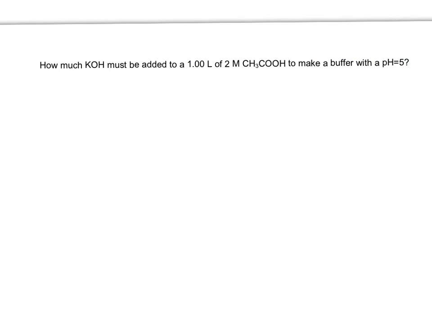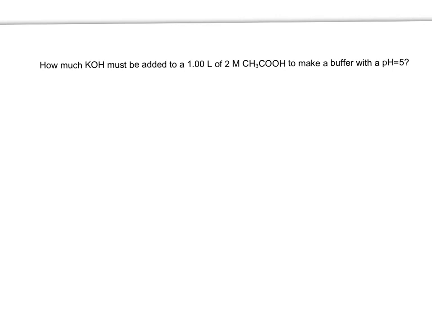Let's try another one. So this problem says, how much KOH must be added to 1 liter of 2 molar acetic acid to make a buffer with a pH of 5? Now, it's a hard question. It's hard to figure out what to do first, but there should be something that's really bothering you about this question.